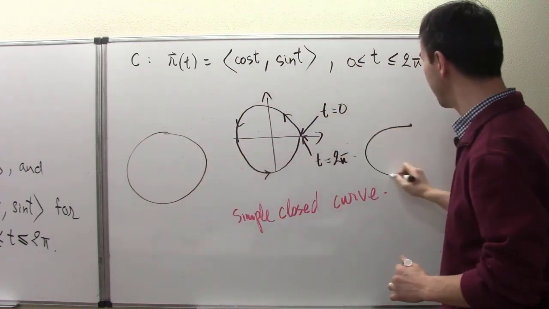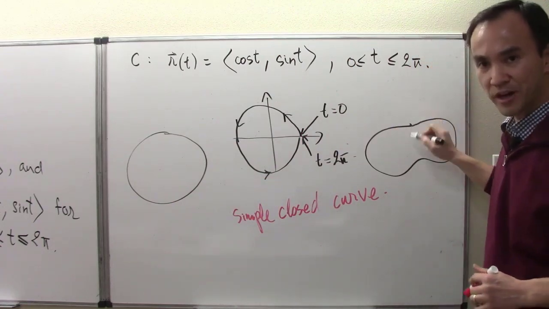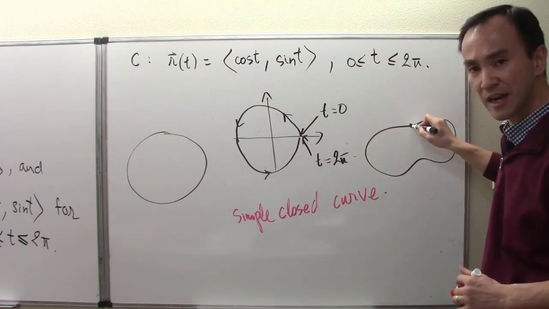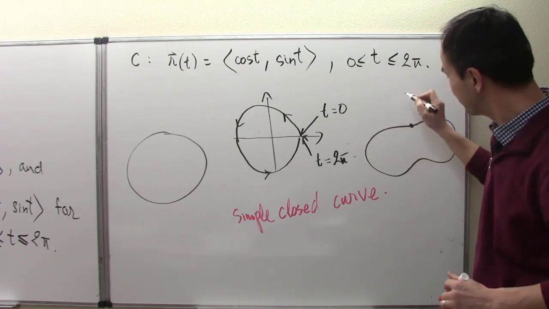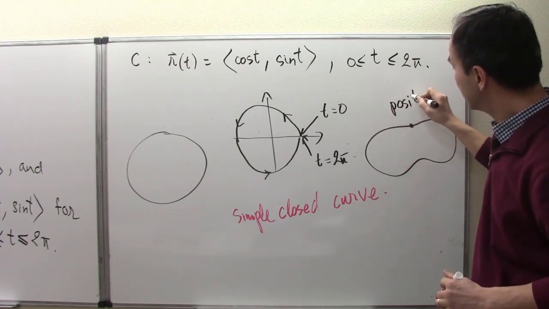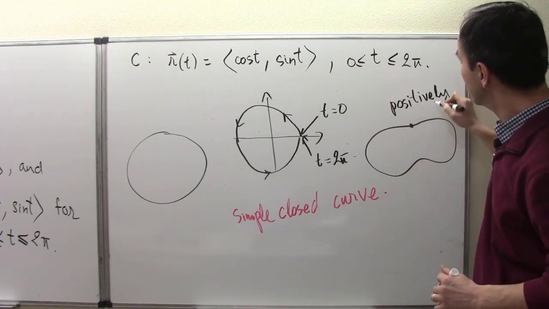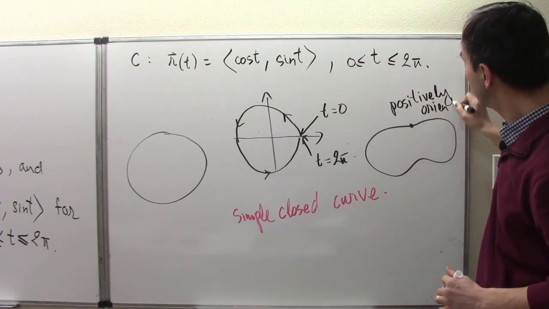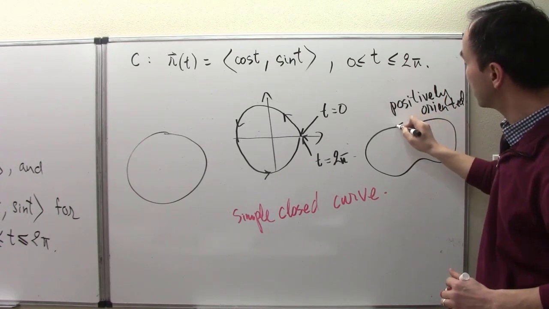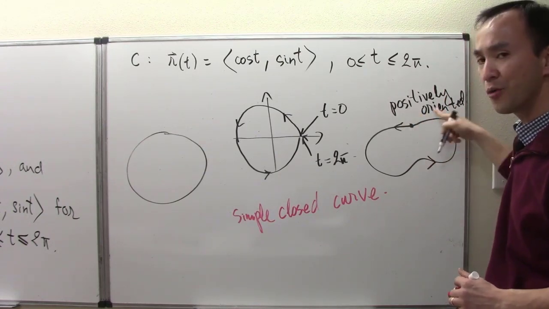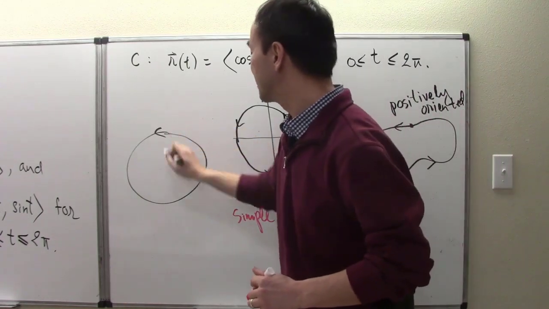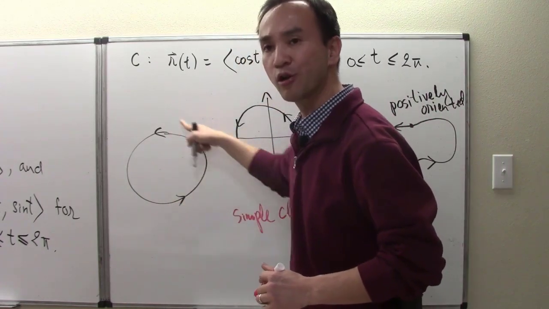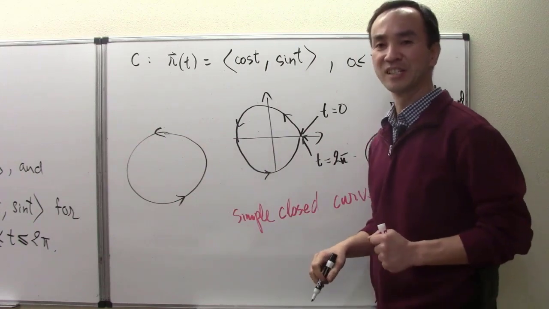It could be anything weird looking, but when it loops around and comes back to the same point, positively oriented means we go around in the counterclockwise orientation.